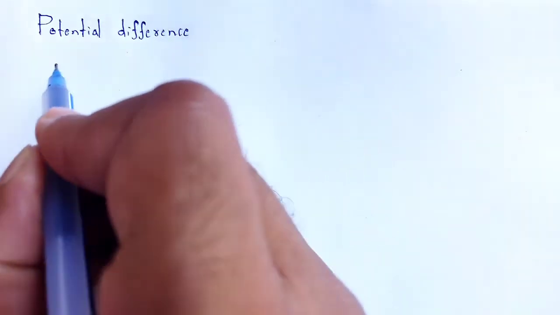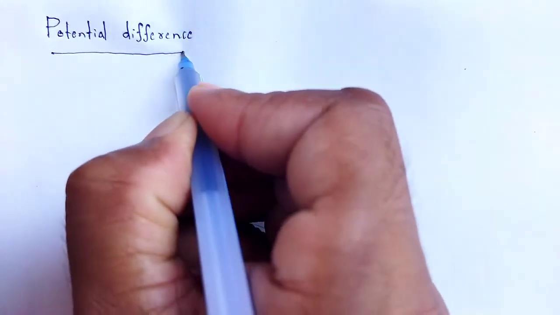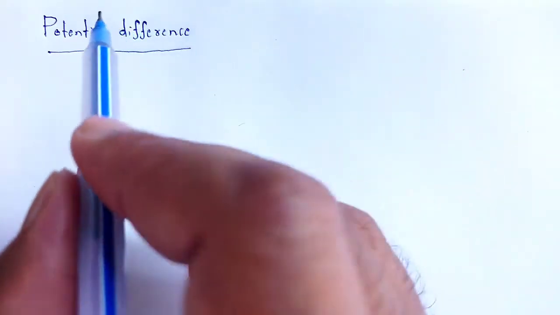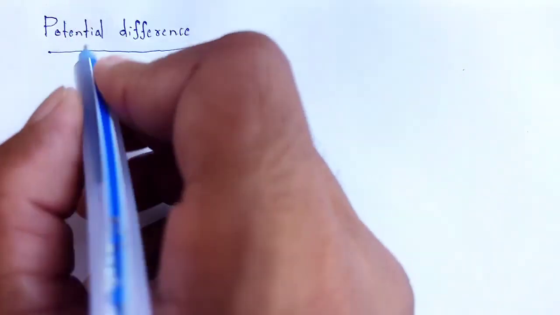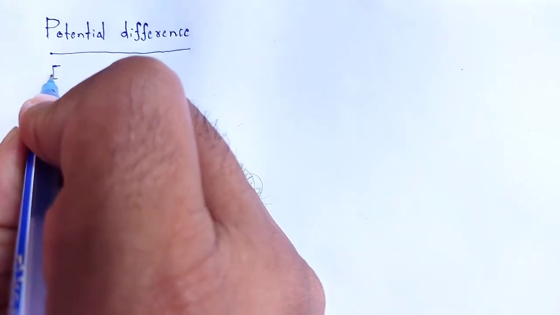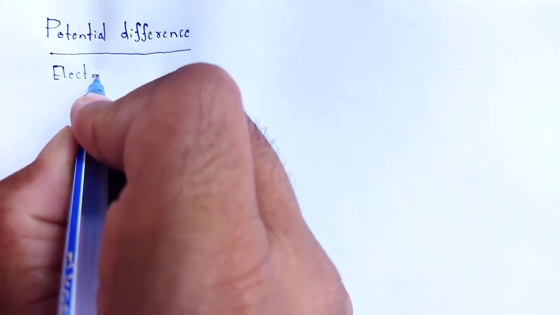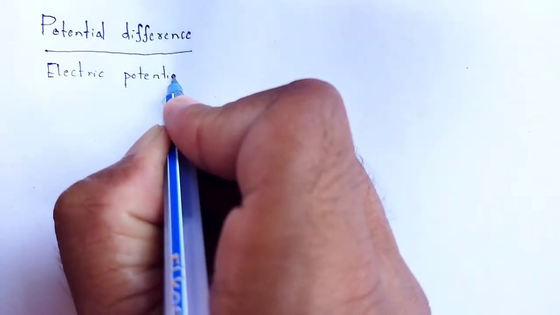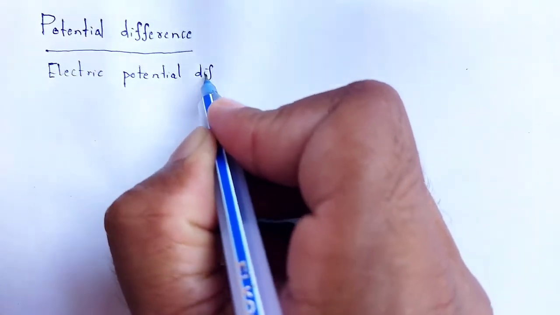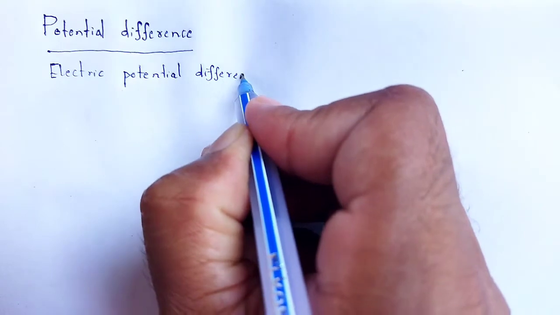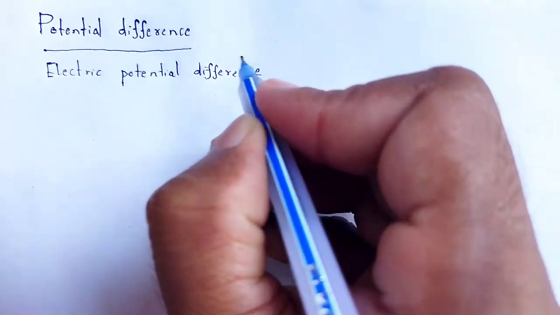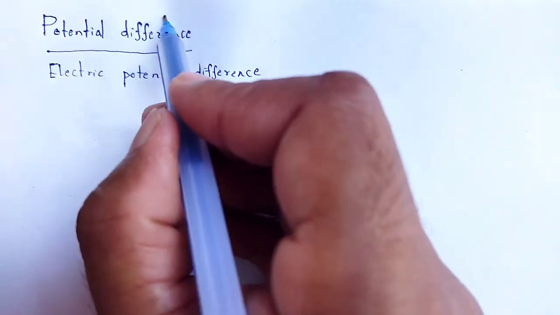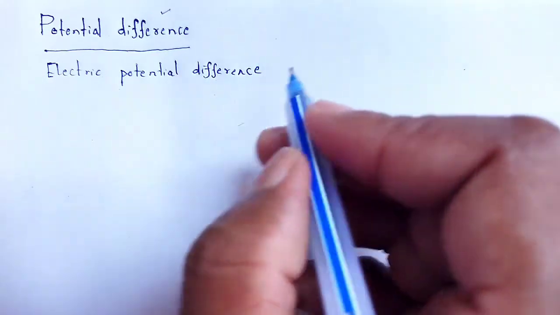Potential difference, the electric potential difference between 2 points. Since we consider difference, you take 2 points.